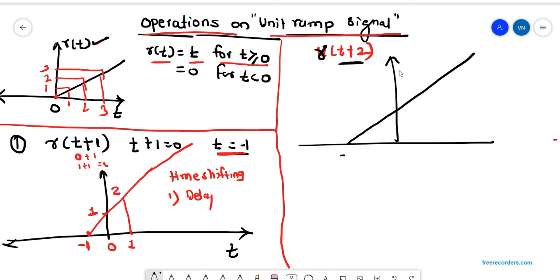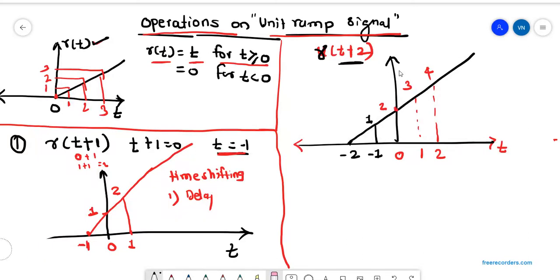So from minus 2 we have 0 amplitude, for minus 1 a 1 amplitude, for 0 a 2 amplitude, for 1 a 3 amplitude, for 2 a 4 amplitude. The same signal has been shifted from minus 2 onwards, so it's called delayed time shifting.